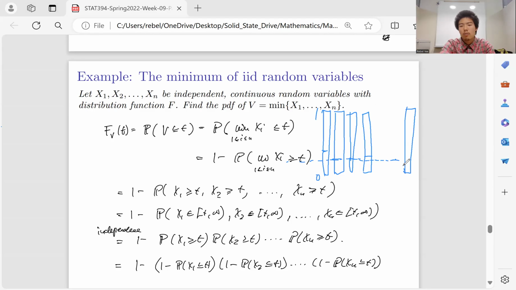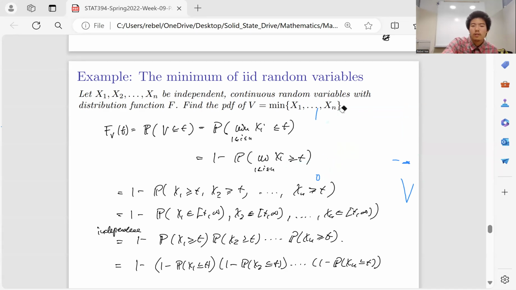So this is our V. V is the minimum of those, not equal to any single x. Maybe equal to one of them, but not equal to x in general, because the expected value of V is here, but the expected value of x is here for a uniform distribution, right? So that's why they are different. So the minimum of n IID random variables is not their value.